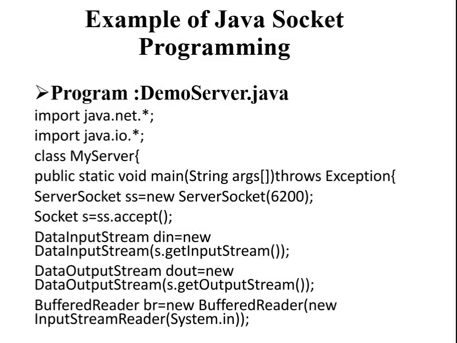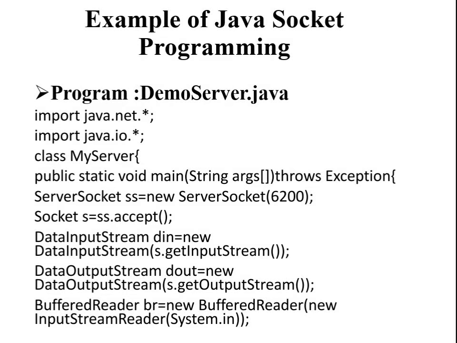Then the program for DemoServer.java. Import java.net, import java.io, class DemoServer, public static void main(String[] args) throws Exception, ServerSocket sock = new ServerSocket(6200); // port number.